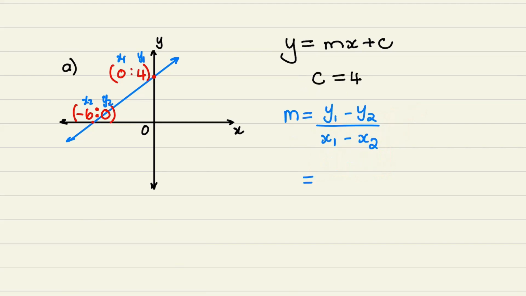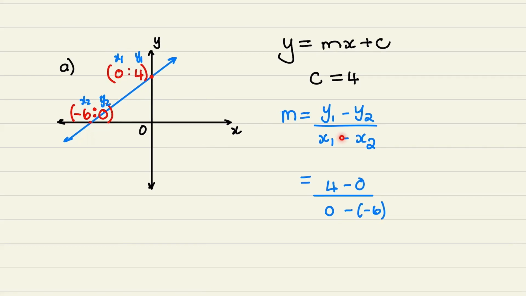So for y1, we have the value of 4 and y2, the value of 0. So we will have 4 minus 0 in the numerator. And x1 is 0 and x2 is -6. And when I substitute, I have 0 minus -6.